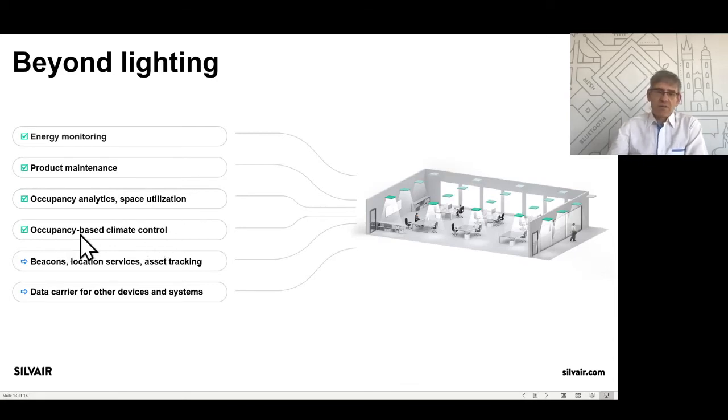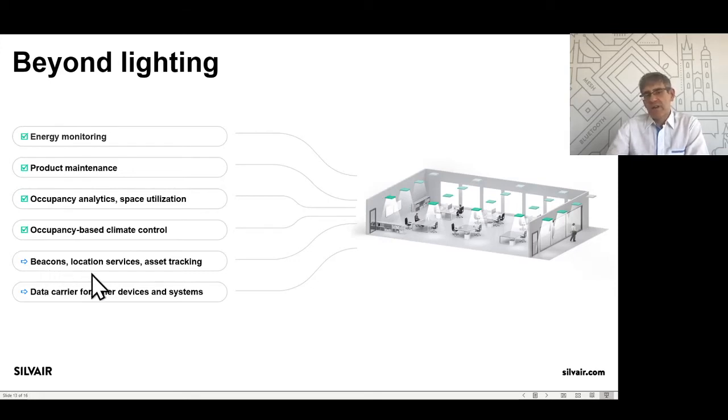This data, of course, may be fed to other systems like climate control systems or access control or other building management systems. What we haven't touched upon, and what's clearly possible when the luminaires are interconnected and form a network, is that they may act as location beacons.